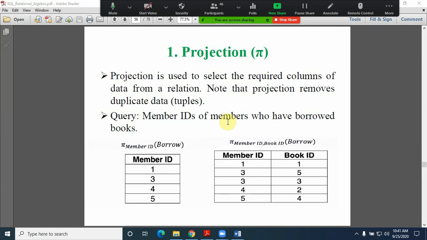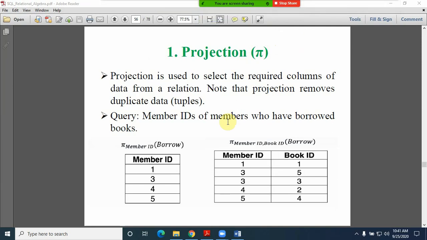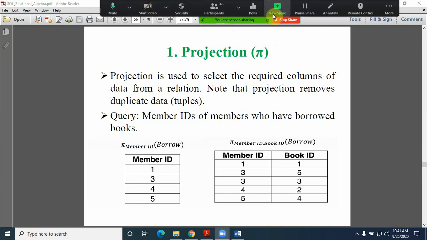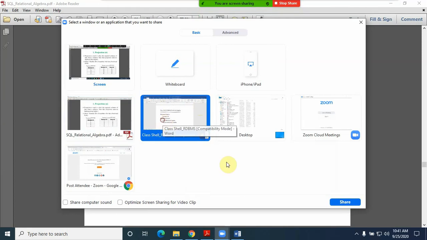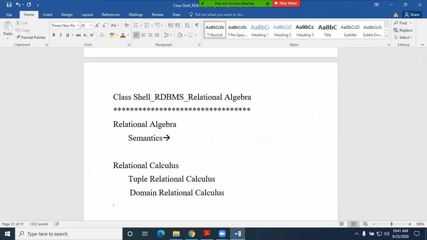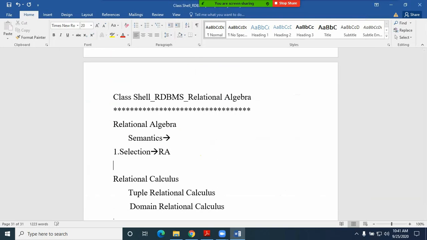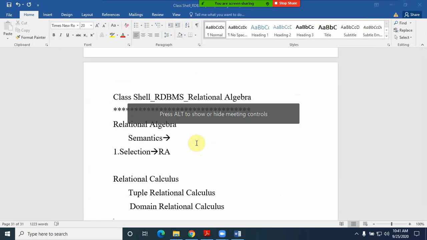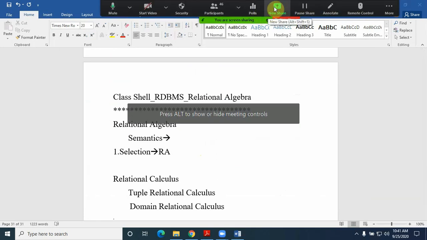Whereas in the case of SQL, friends, how do we write the projection? Suppose I have the same kind of requirement. The first operation we are talking about is selection in relational algebra, but we already have an idea about this SQL orientation.